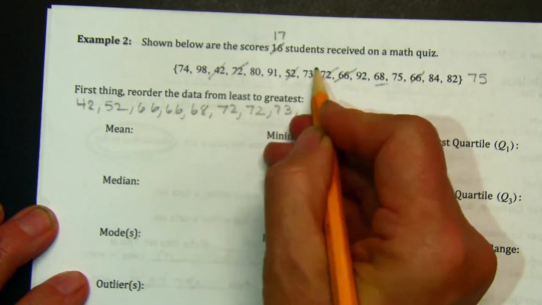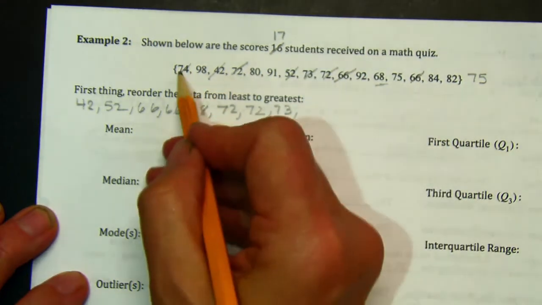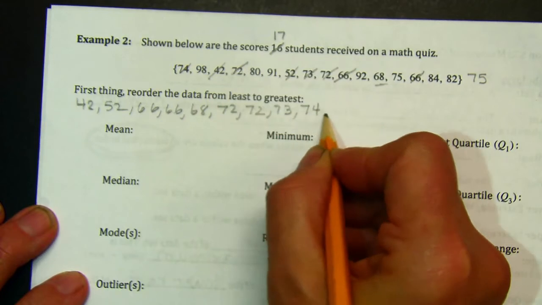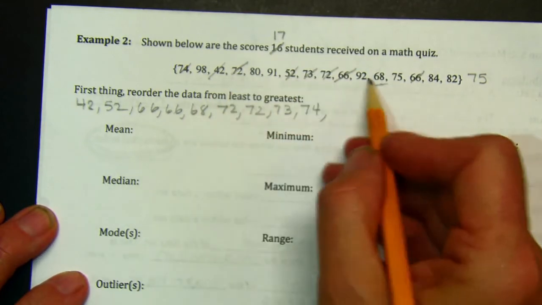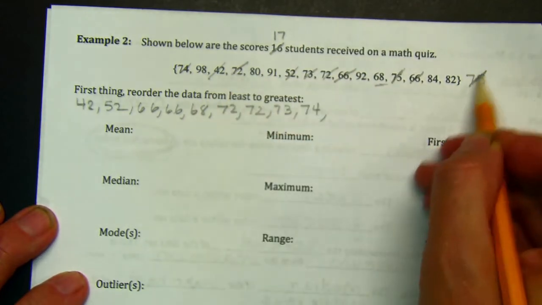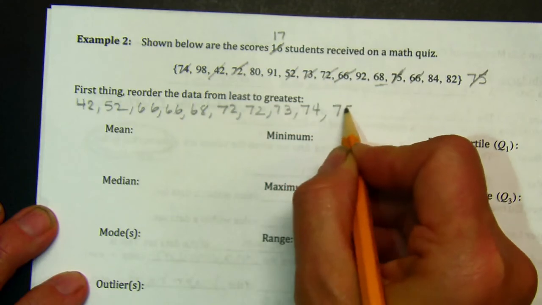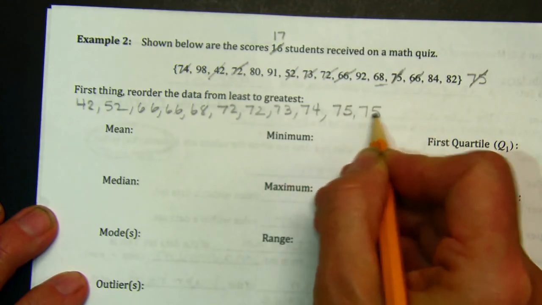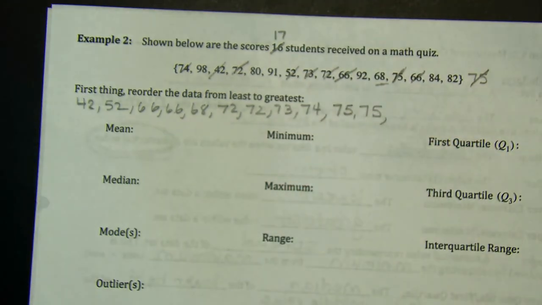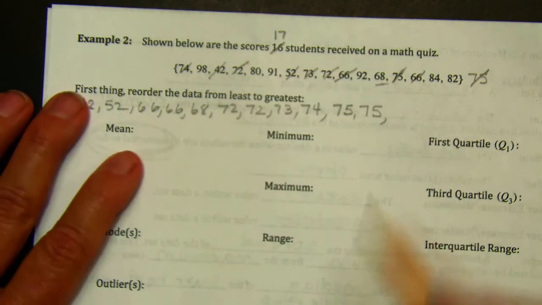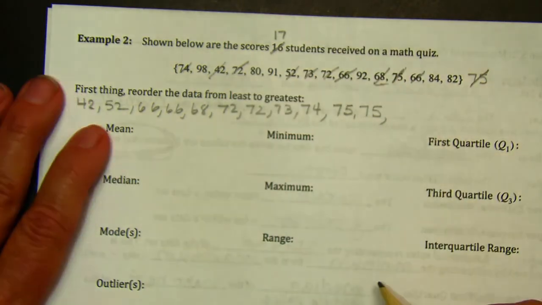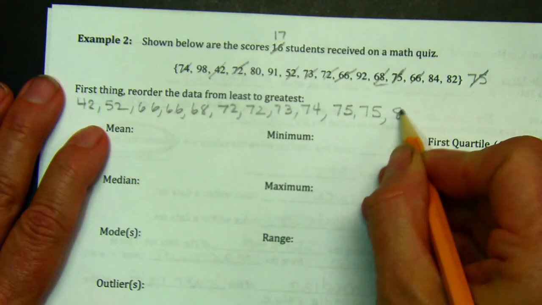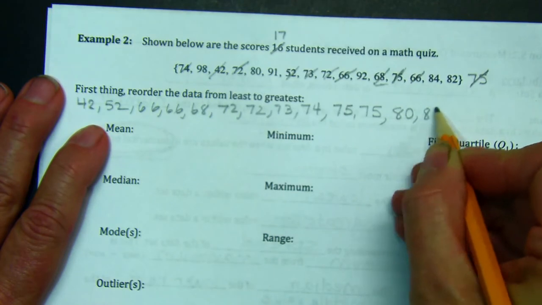All right. Then 74. And then there's 2 75s. There's the one in the middle and the one that we added. So 75 and 75. Then, oh, did we get 68? Yeah, I forgot to cross it off. All right, then what? 80. Then 82.